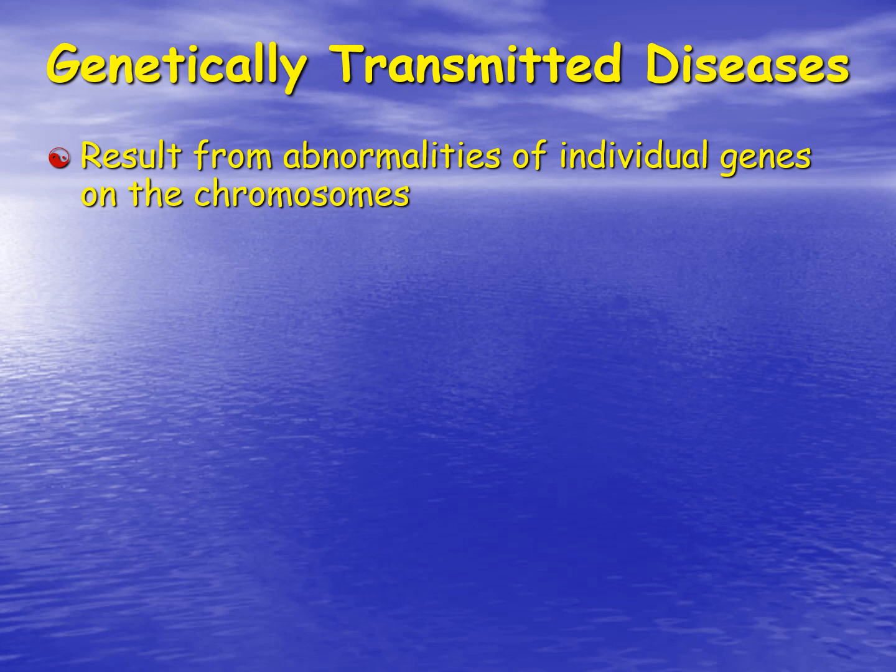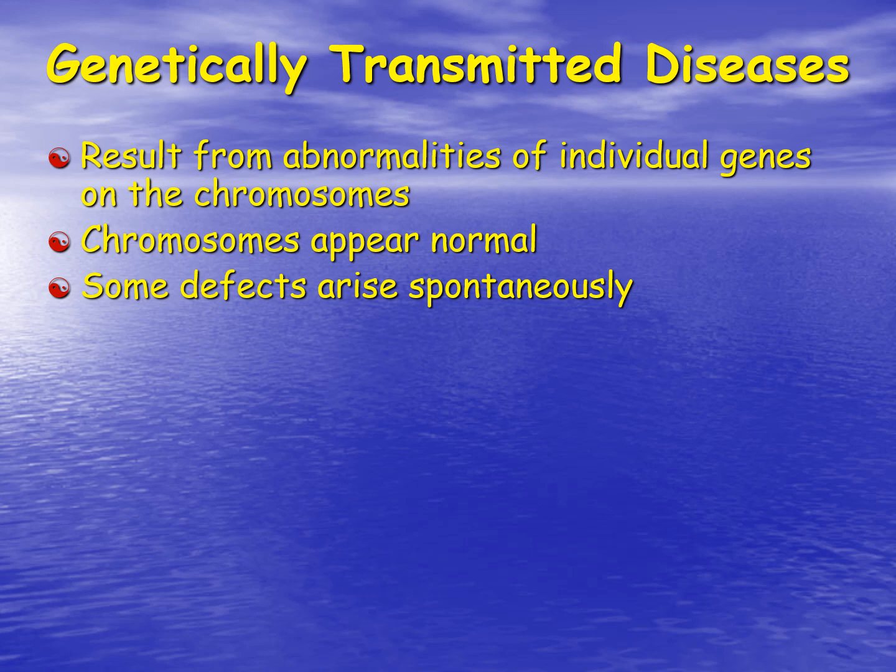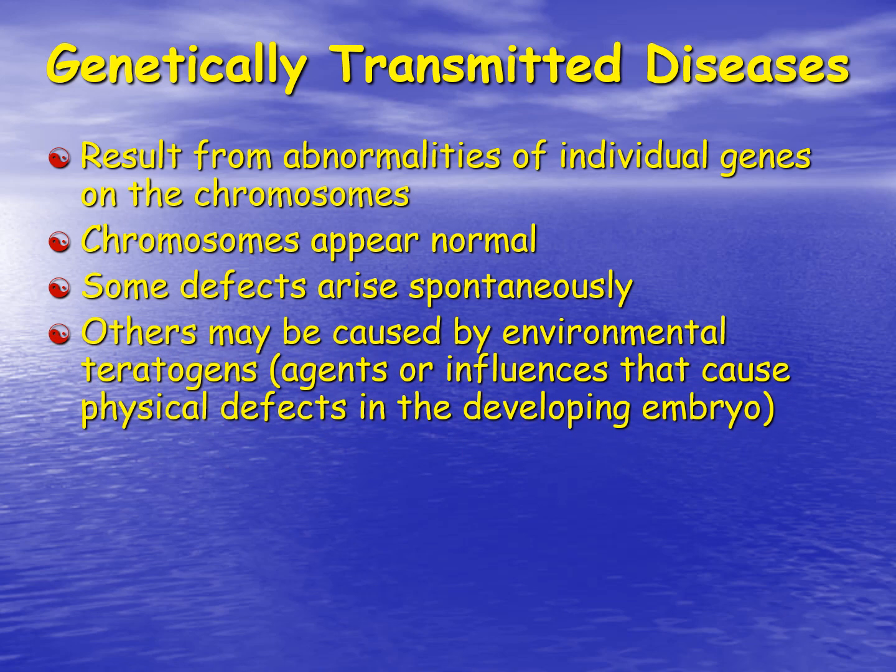So let's look at some genetically transmitted diseases and how they're transmitted. These diseases result from abnormalities of individual genes on the chromosomes. The chromosomes themselves appear normal. Some defects arise spontaneously, usually through spontaneous mutation, but others may be caused by environmental teratogens, which are agents that cause physical defects in the developing embryo, such as, for example, the drug thalidomide.